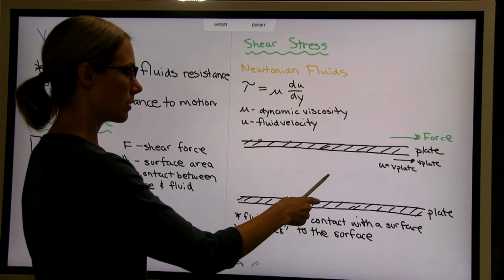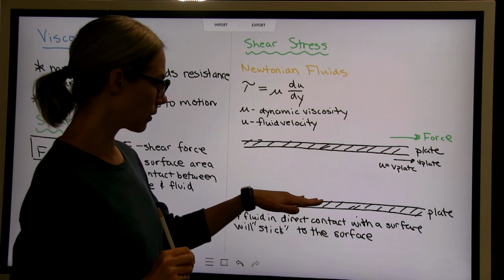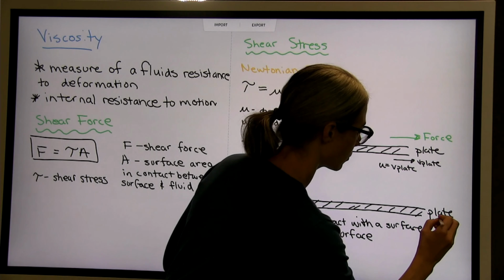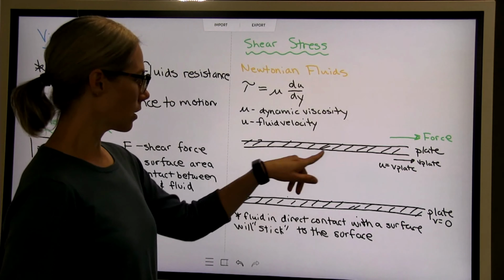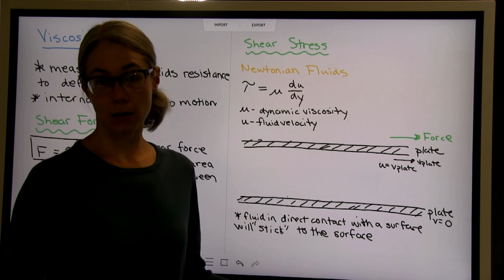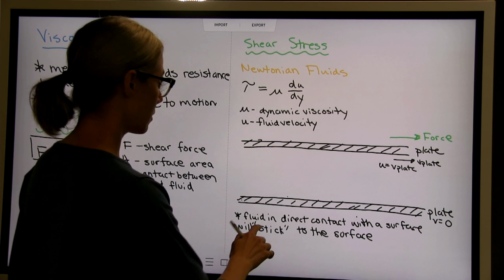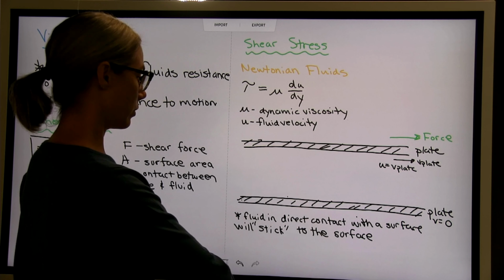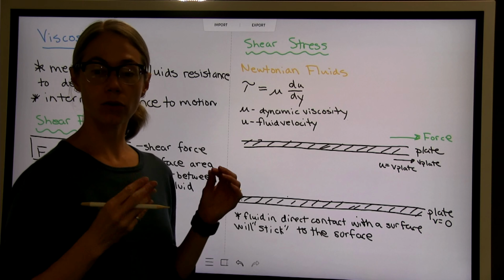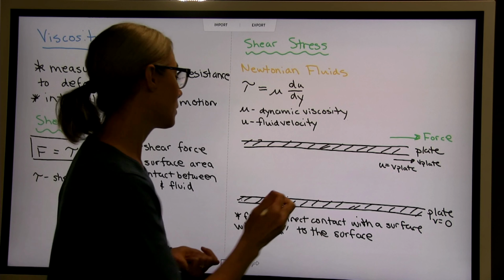So then what's the velocity at the bottom here, at our stationary plate, where V is equal to 0? In this case, the velocity of our fluid is equal to 0 because our fluid sticks to the surface. The surface is not moving, so the velocity of our fluid is 0.